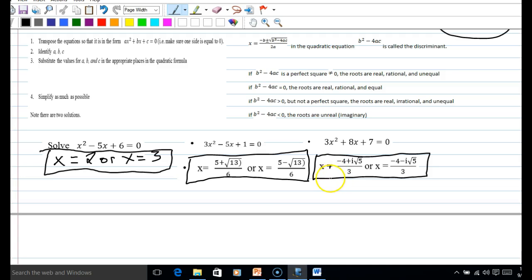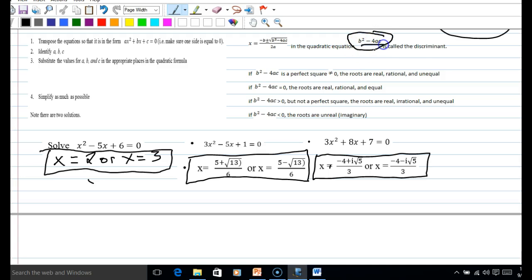And one way you can determine if the roots are going to be real and rational, or real and irrational, or unreal or imaginary, is to look at the part of the quadratic equation that is under the radical, b squared minus 4ac.